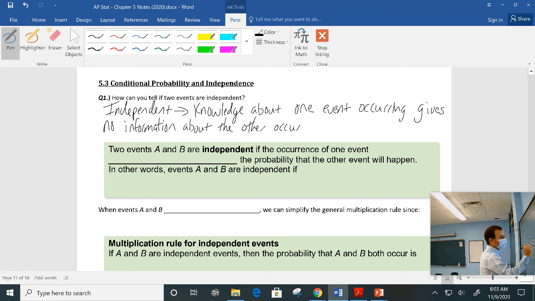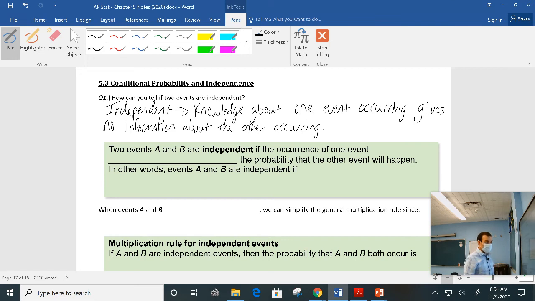So when you have independent events, one event does not impact the second event. So for example, flipping a coin gives independent events. Just because I got heads on the first flip, that has no impact on what's happening on the second flip. So those events would be considered independent events.